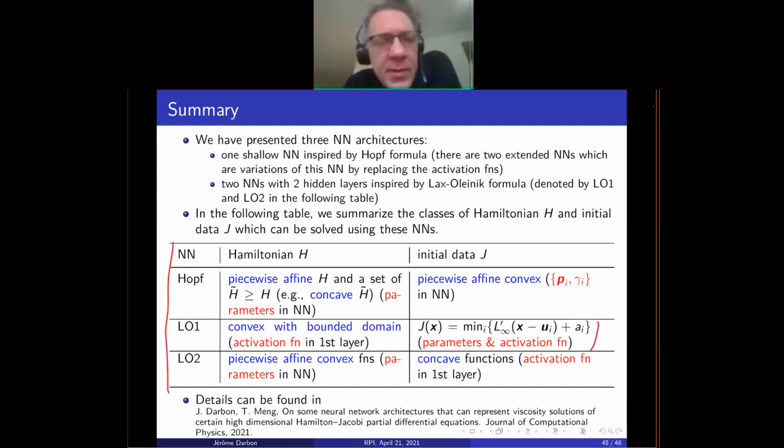The second architecture involving the Lax-Oleinik formula requires the Hamiltonian to be piecewise affine and convex, and the initial data to be concave. So you can get all the details as well as the proof in that paper given below.